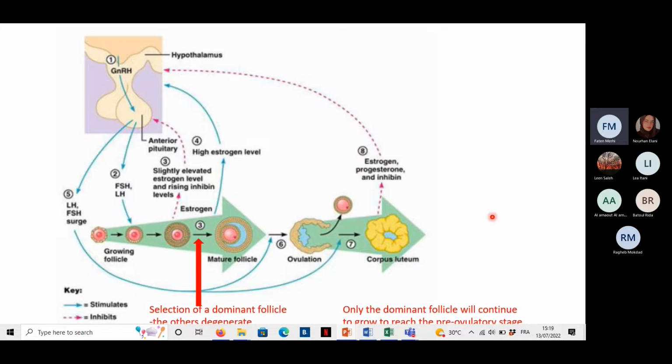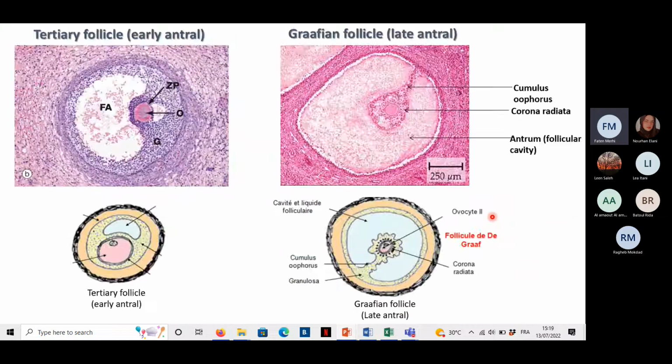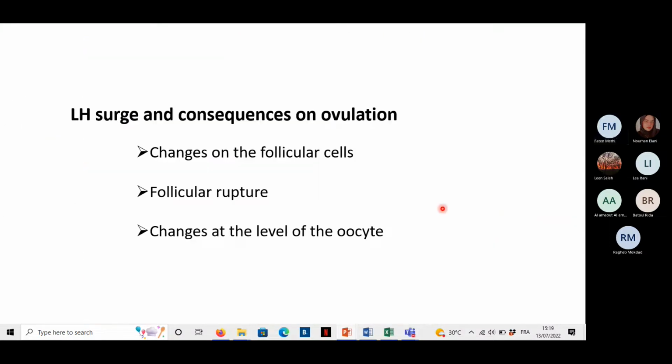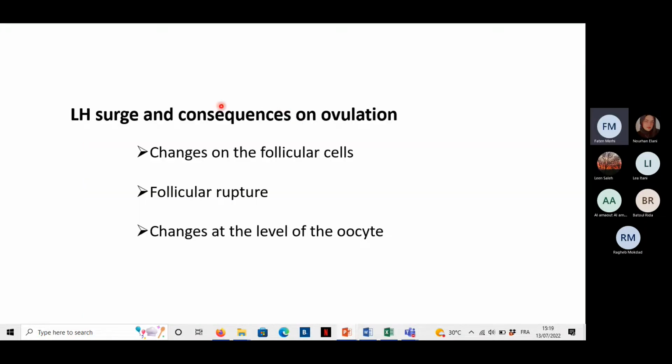So here we have the same ideas also. Now, what are the consequences of this LH surge? We have said that a few hours before the ovulation, we will have an LH surge, and this LH surge will have several consequences on the ovarian follicle.